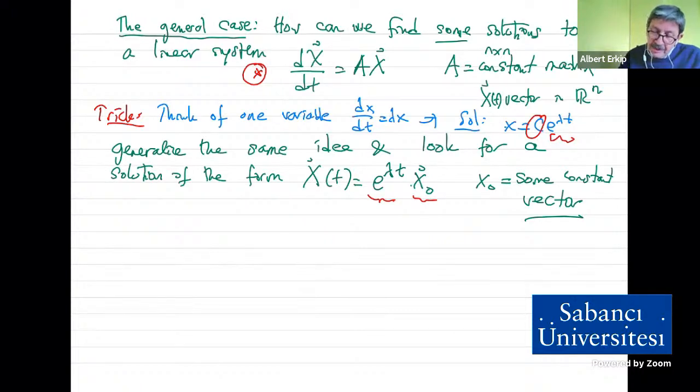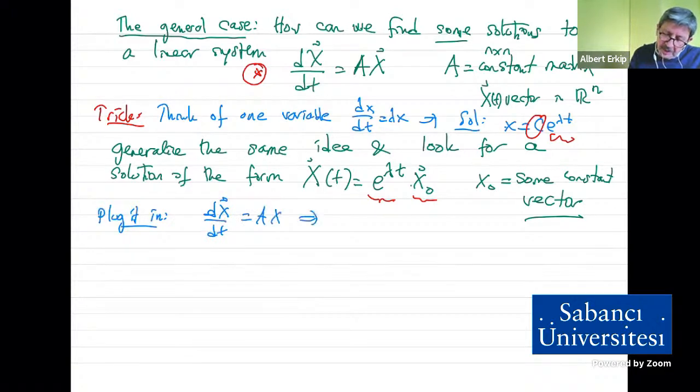Now, what I do is I plug this in. So dx/dt equals Ax will give what?